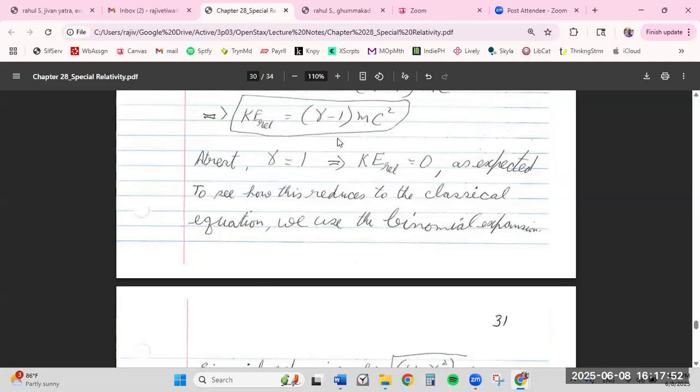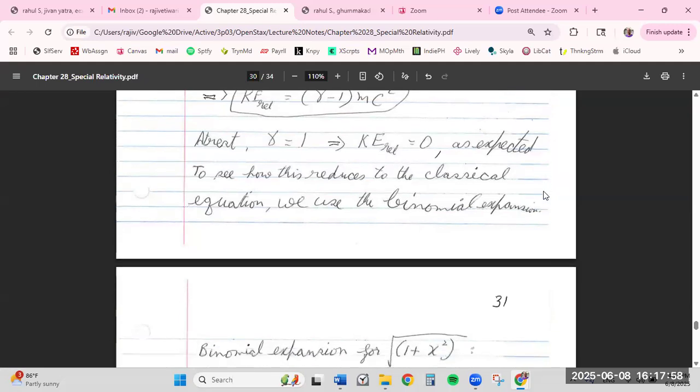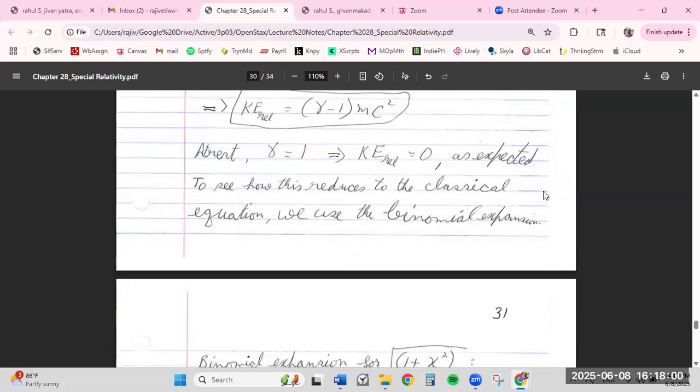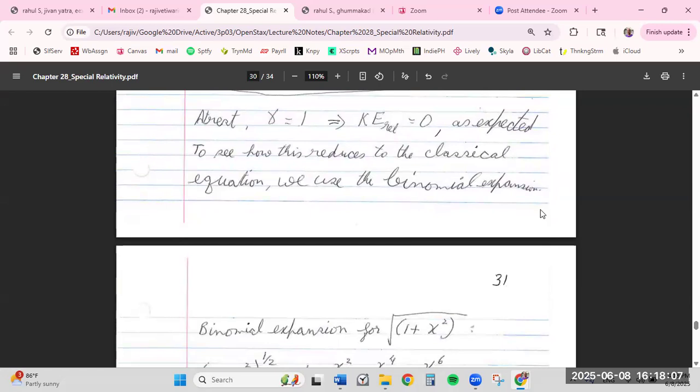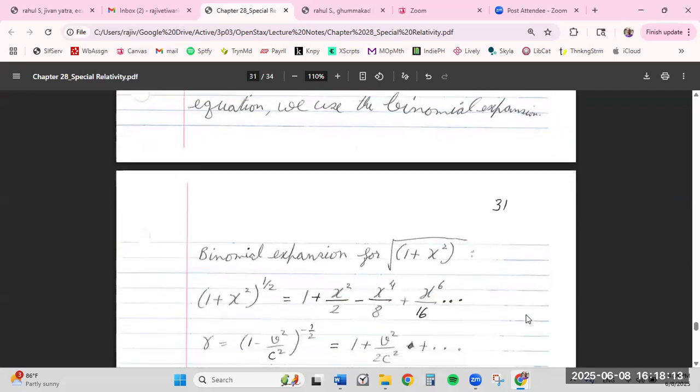So if the velocity of the object is much smaller than the speed of light, let's see what happens to kinetic energy. In order to figure out the answer, we have to use something called the binomial expansion, which some of you might have seen in mathematics or calculus.